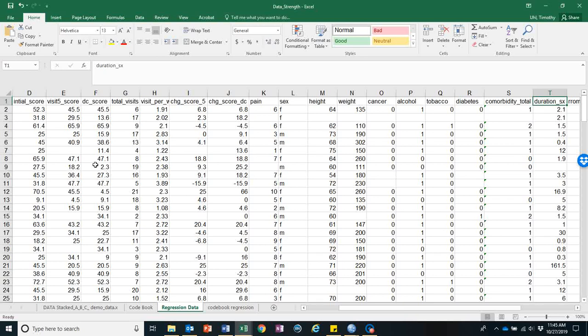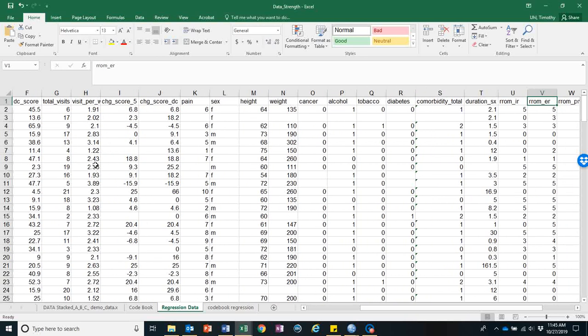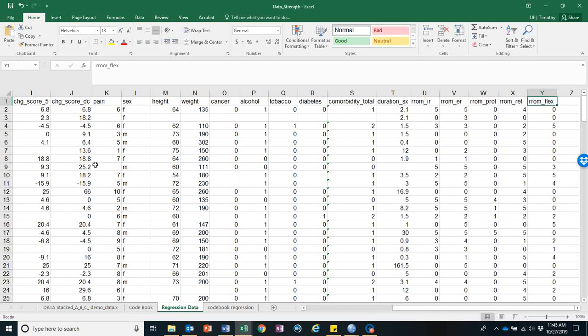Duration of symptoms in months, and then these are exercises, strengthening exercises that they were prescribed in their first 5 visits. So RROM stands for resistive range of motion. So these are all strengthening exercises.